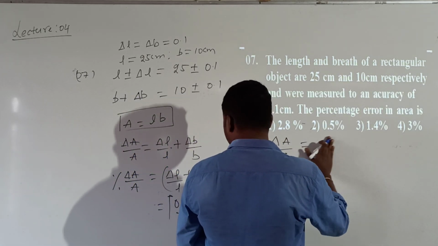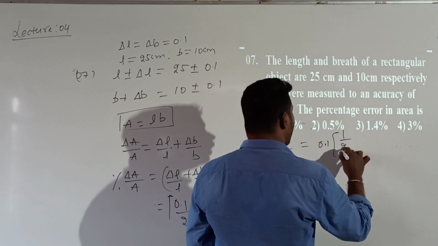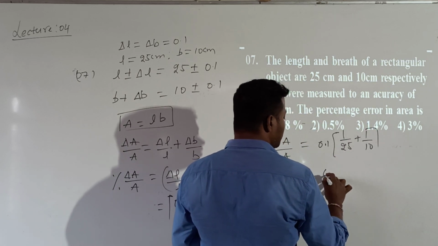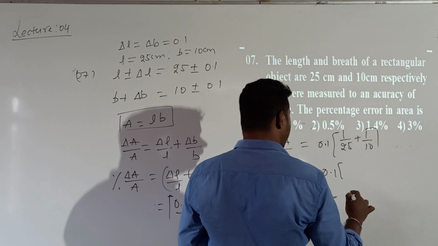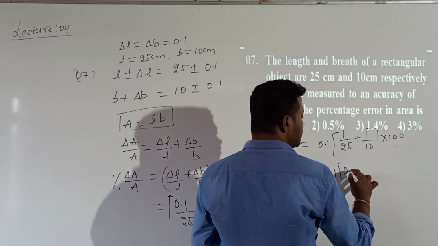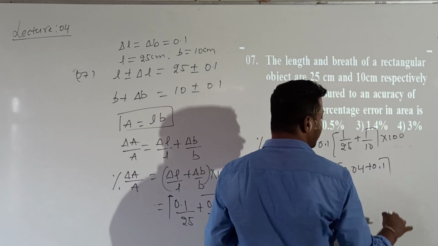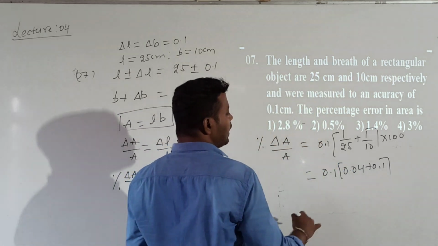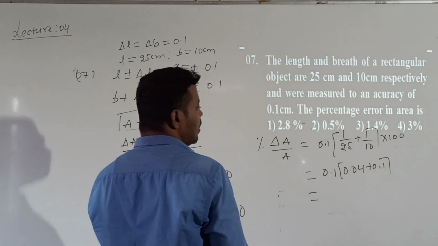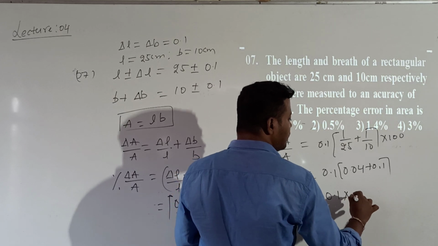Can I take 0.1 common? When I take 0.1 common, it is 1 by 25 plus 1 by 10, into 0.1 into 100. So 1 by 25 is 0.04 plus 0.1.